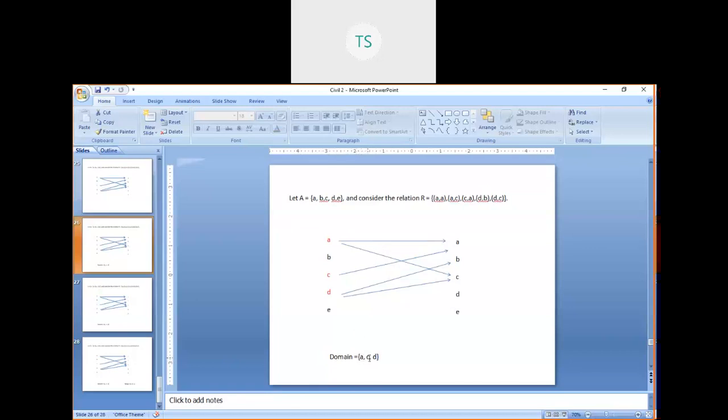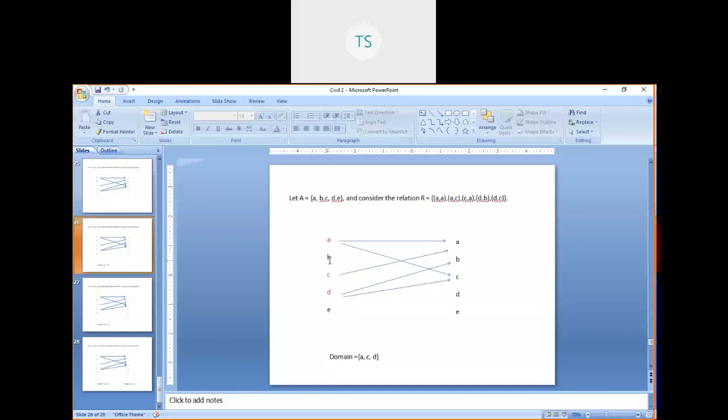Here I have not included the elements B and E. Why have I not included B and E? Do you have any idea? No relation with R. Yes, no relation with any element.